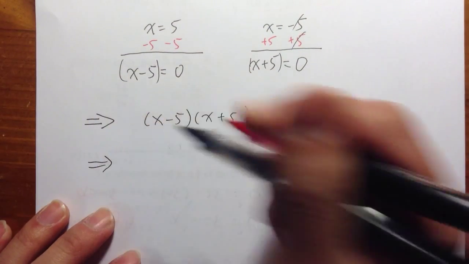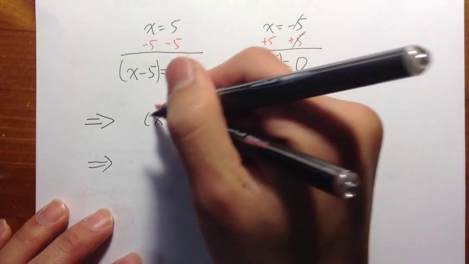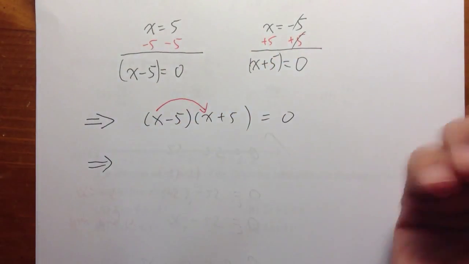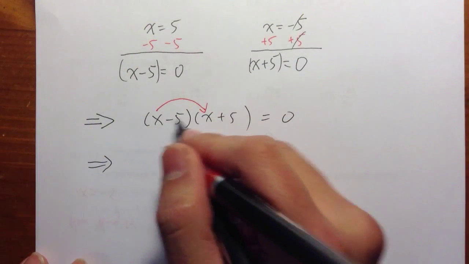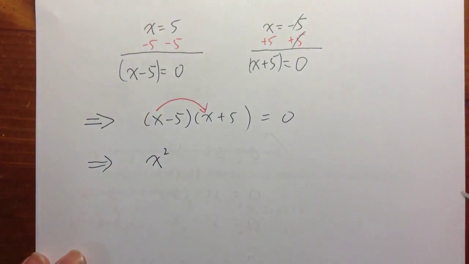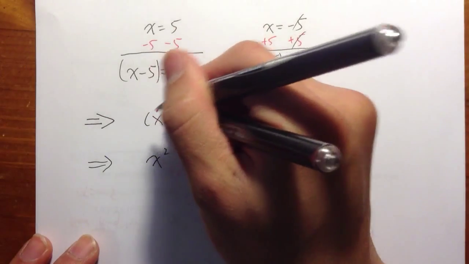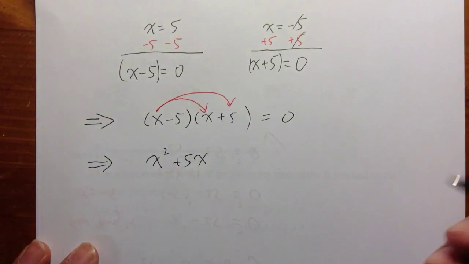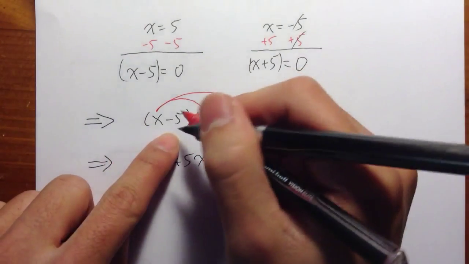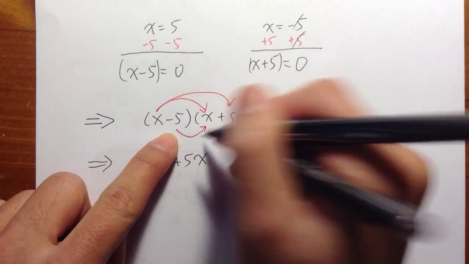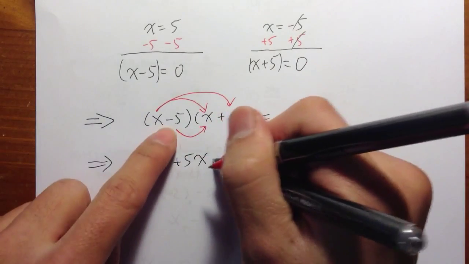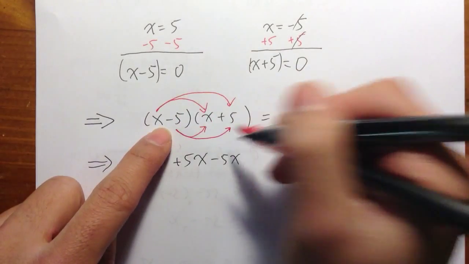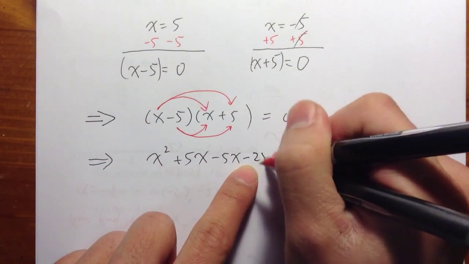The next step is, I will take the x, multiply with the x. I'm pretty much just distributing. So x times x, I have x squared. Take the x, multiply with the 5, have positive 5x. I'm done with the x, move to negative 5, multiply by the x. So I have minus 5x. Negative 5 times positive 5, I have negative 25.